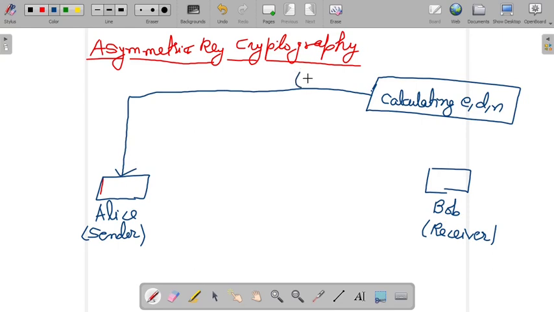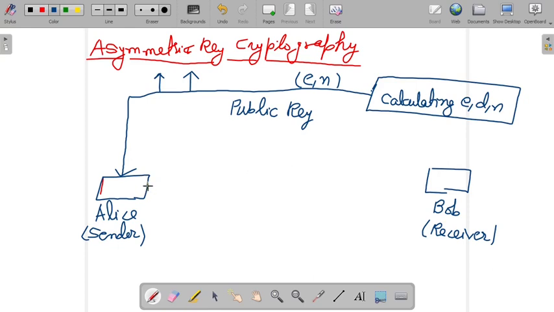That key is E and N. Because it is broadcast in a network, this key is called the public key. Bob will also keep it, and there are so many users in the network who might receive the same key.